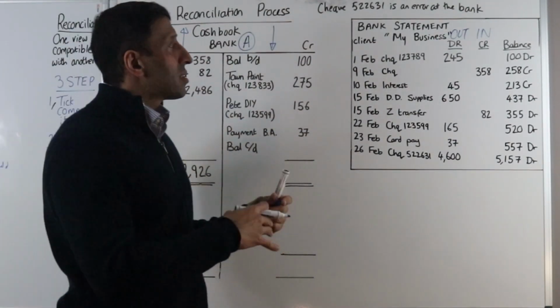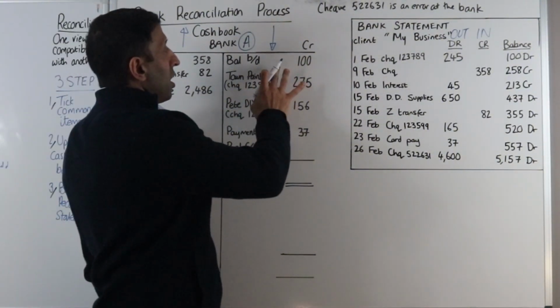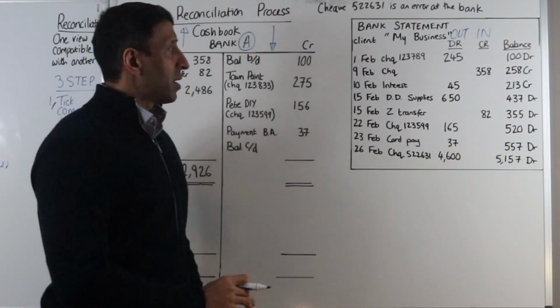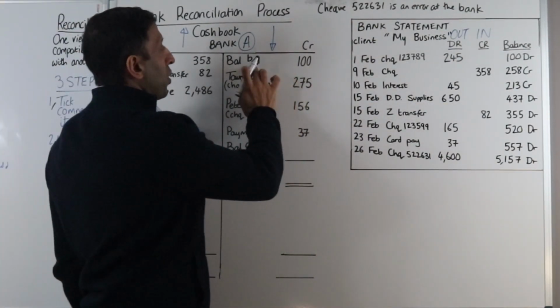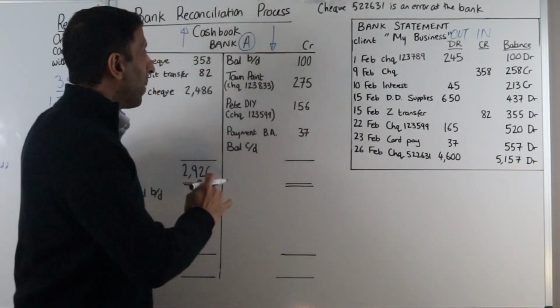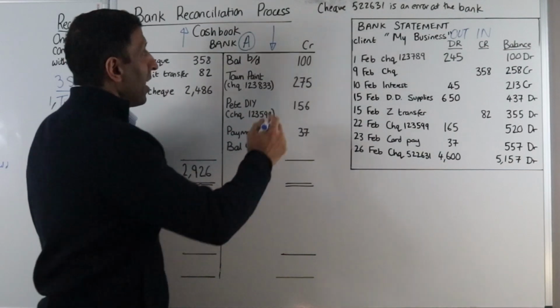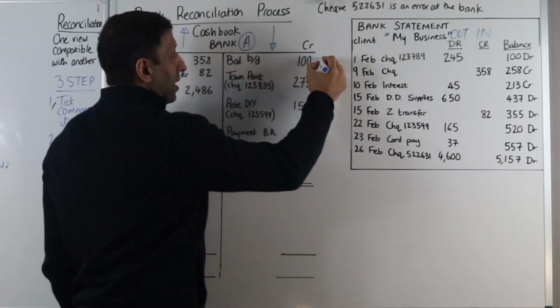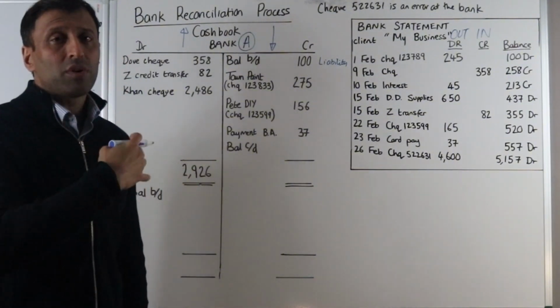Okay, so let's make a start. Now, the first thing we've got to check is that the cash book and the bank statement, the bank essentially, are starting at the same place. So we have a brought down balance on the credit side, on the right hand side in the bank account. In the cash book, the business's perspective is that we have a minus. This basically means we have a liability that we're starting with because the brought down's on the credit side.